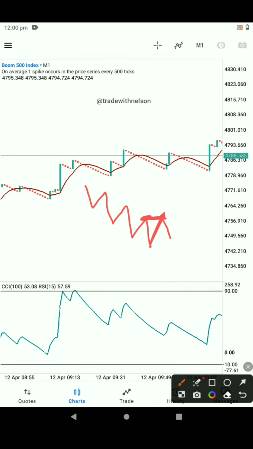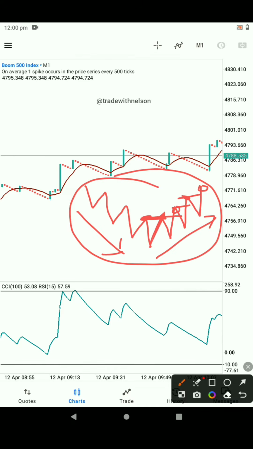So now the market is likely to go like this: high, low, high, low, high. This high will be higher than this high, which will be higher than this high, which will be higher than this high. So here the market is in an uptrend and here the market is in a downtrend. This illustration that you see over here is a very good resource for this strategy.